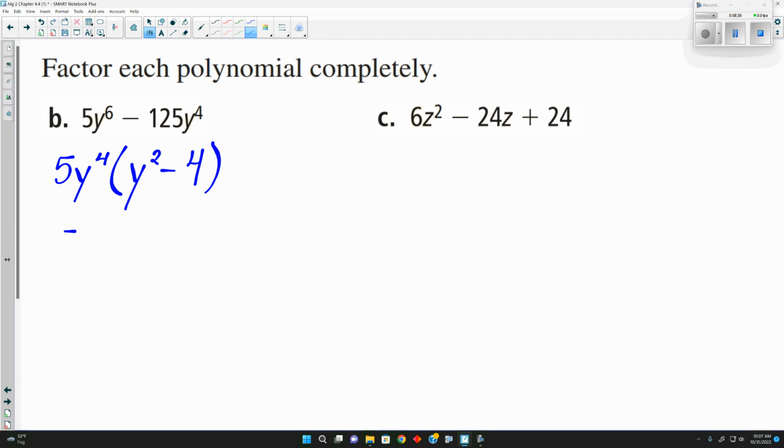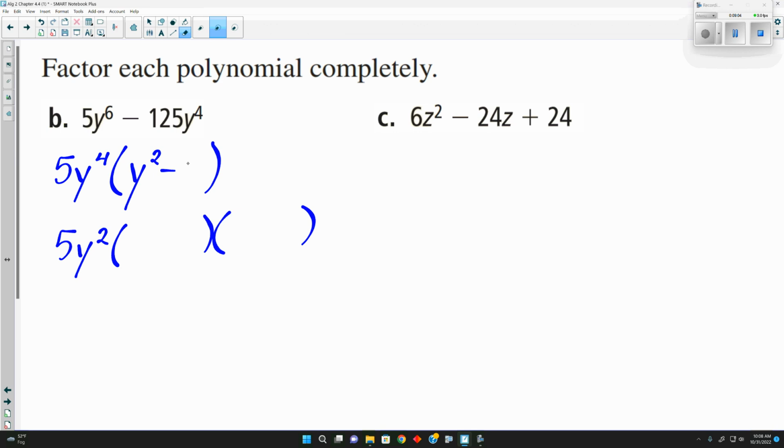Now, y squared minus 4 is kind of nice because that is also a difference of perfect squares. Huh? 125 divided by 5? Yeah. No, it should be, let's see here. No, you're right.